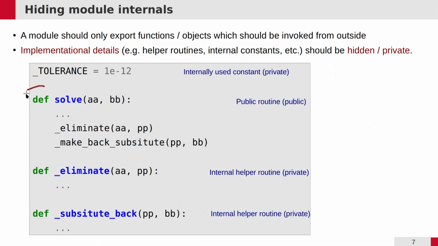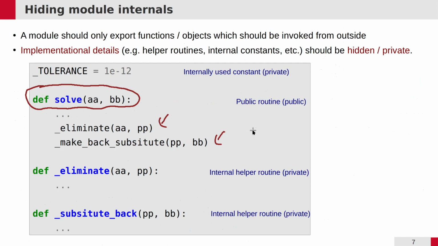Basically, the main routine of the solvers.py module is the solve routine, which implements the linear system of equations solver, right? Within this solve routine, however, because our algorithm may be longer, we split up the functionality of our solver into various internal steps.